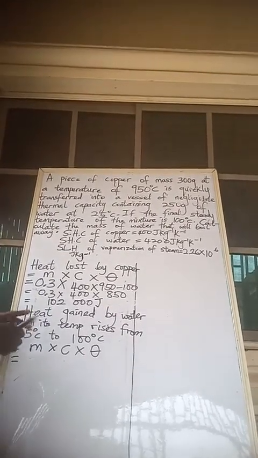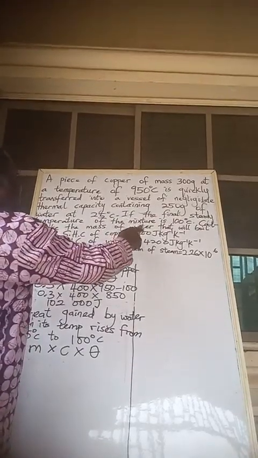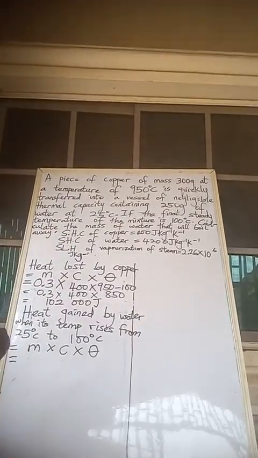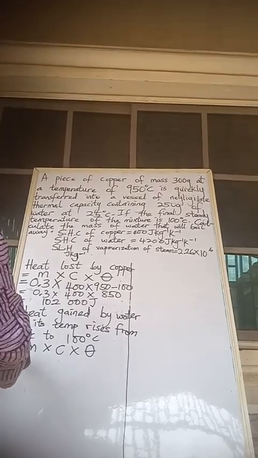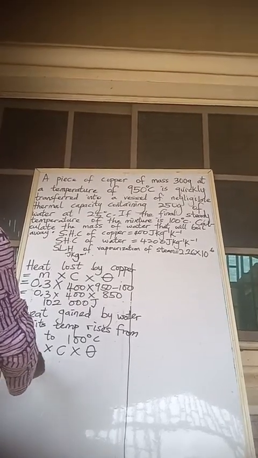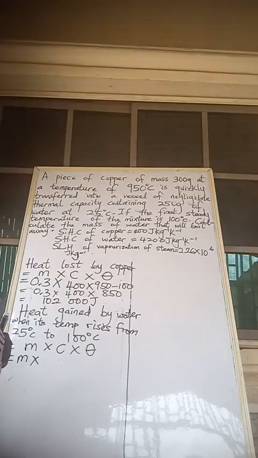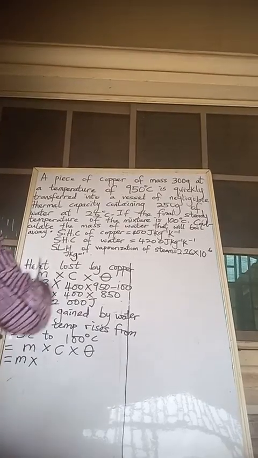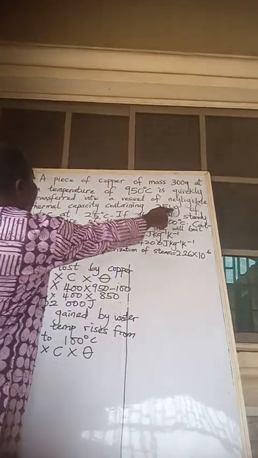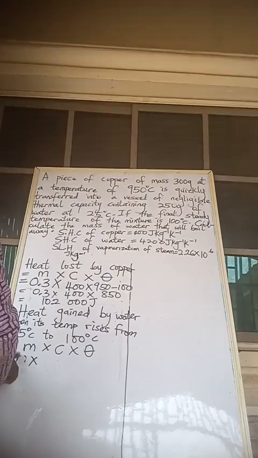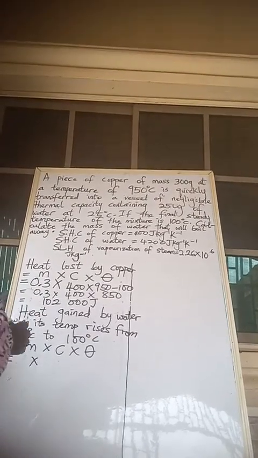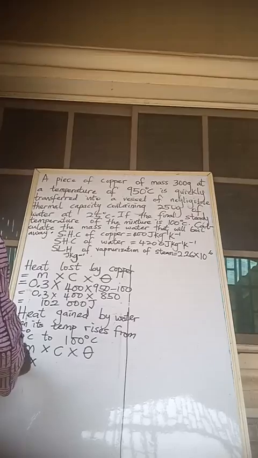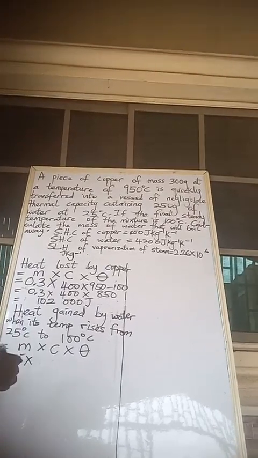For the water, we don't know the mass of water here, so we want to write it as M. The mass of water here is 250 grams, so we have to divide that by 1000. 250 divided by 1000 is 0.25.